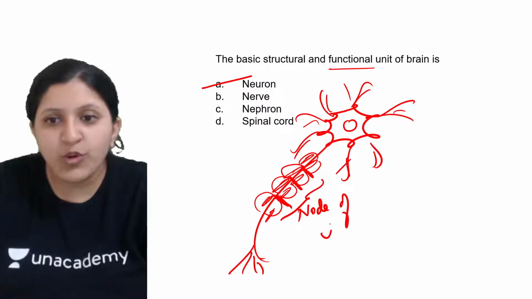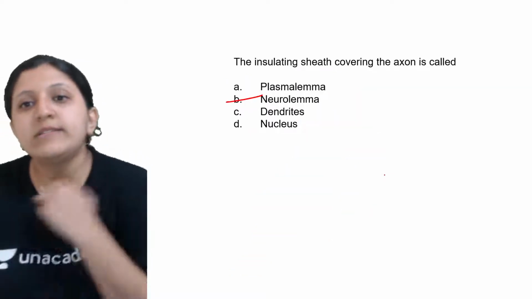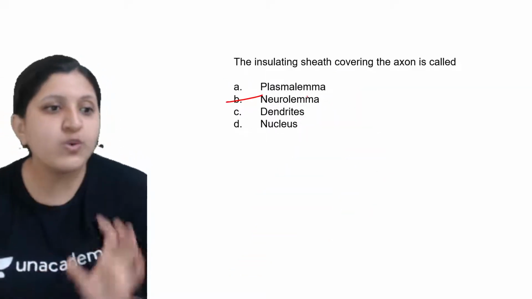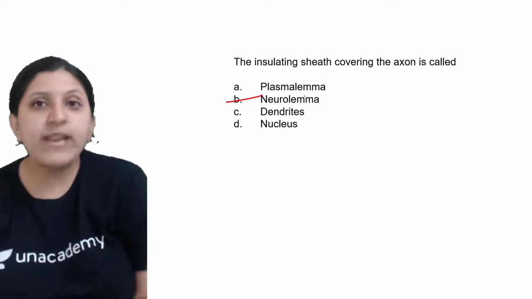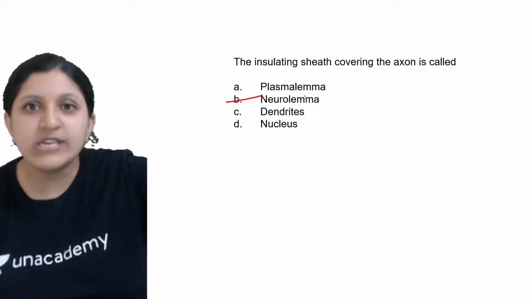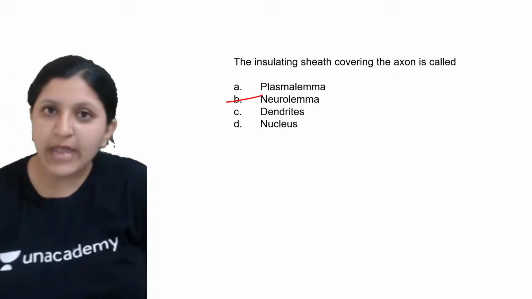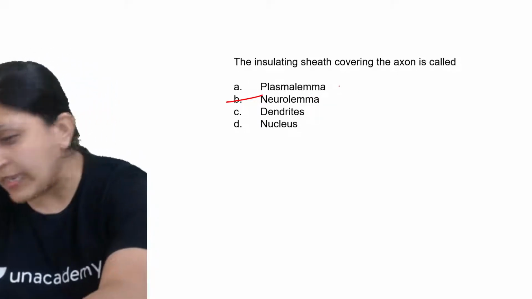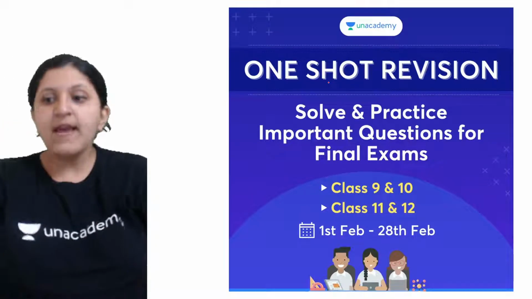Neurolemma is also an insulating sheath. Plasmalemma is just the cytoplasm part. So the neurolemma is the sheath covering the axon.